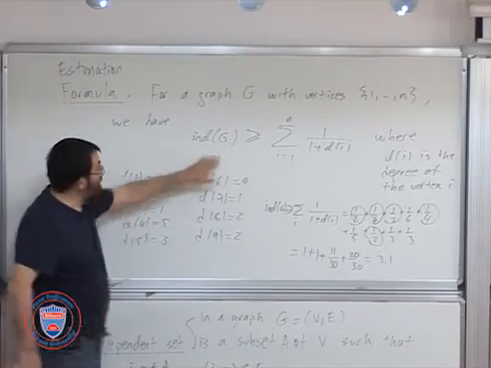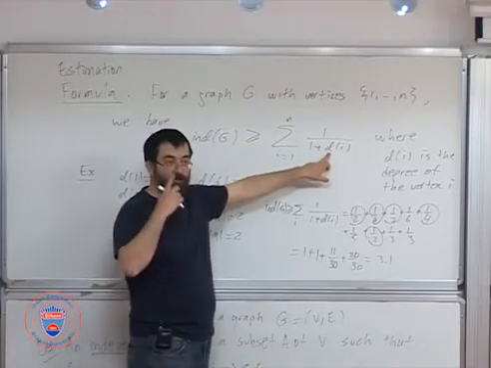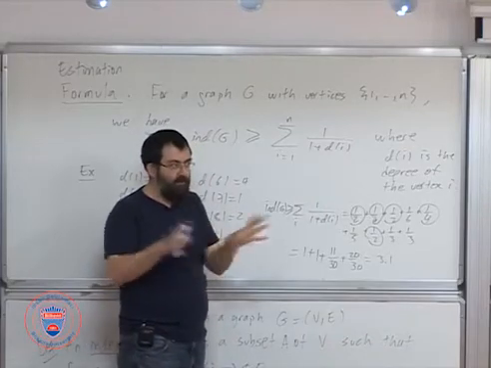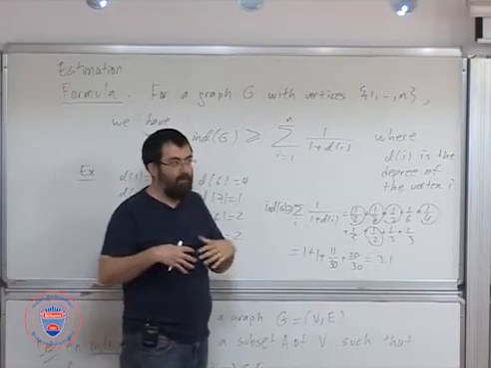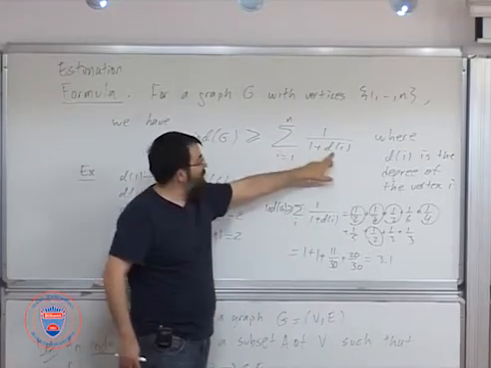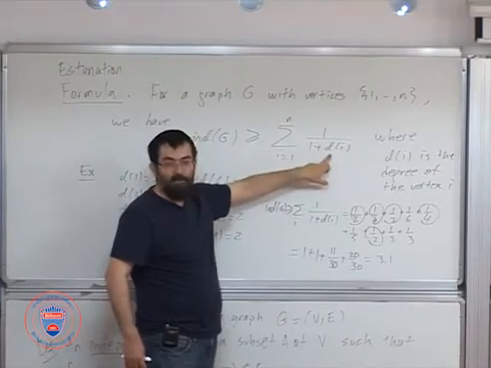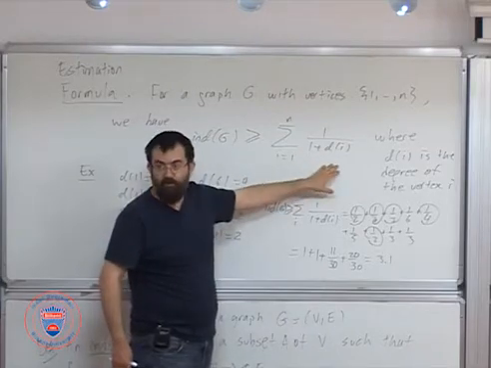You can also see why such an estimate exists. When your degree is bigger, that means at every vertex you have quite a few edges coming out of it, so in general you have many edges. When you have a lot of edges, 1 over that means you have very small numbers here, and you're summing smaller numbers.